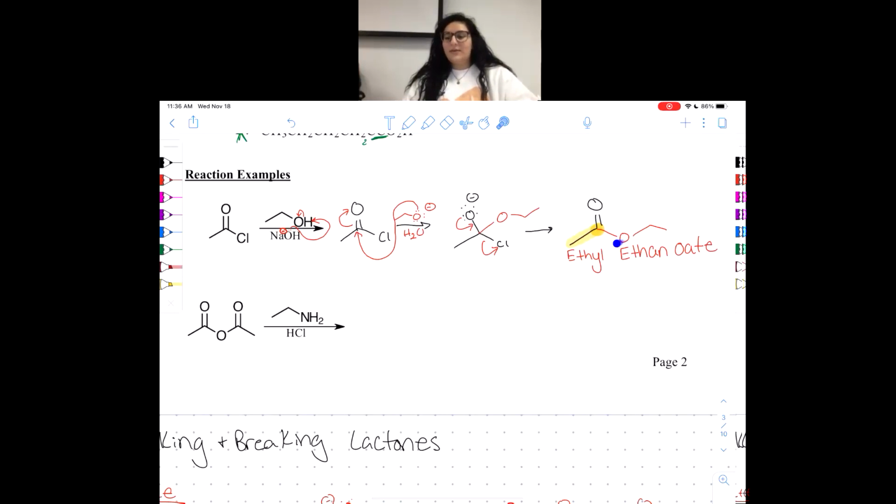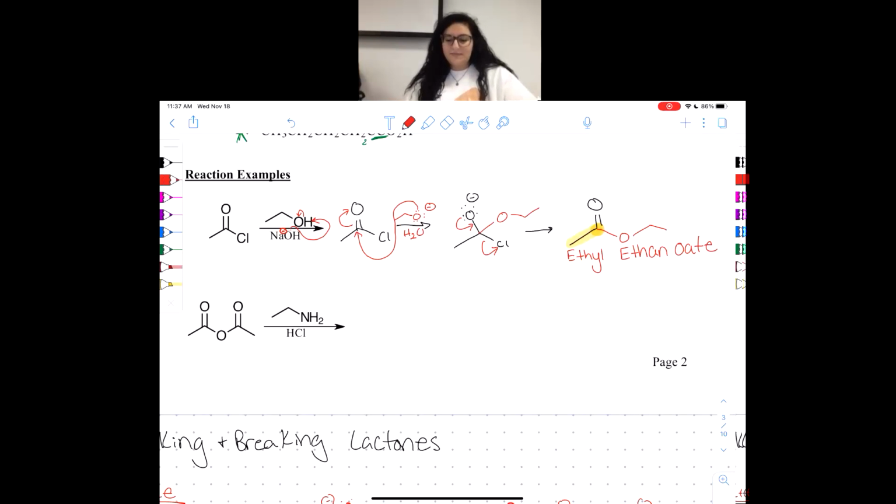And whenever that is going to be part of the parent chain, and that parent chain is an ester, we swap that YL for an AN. So unless there's something super weird going on, that's usually going to be the ending for your carbon. So it'll be ethan, methan, propan, butan, like that.